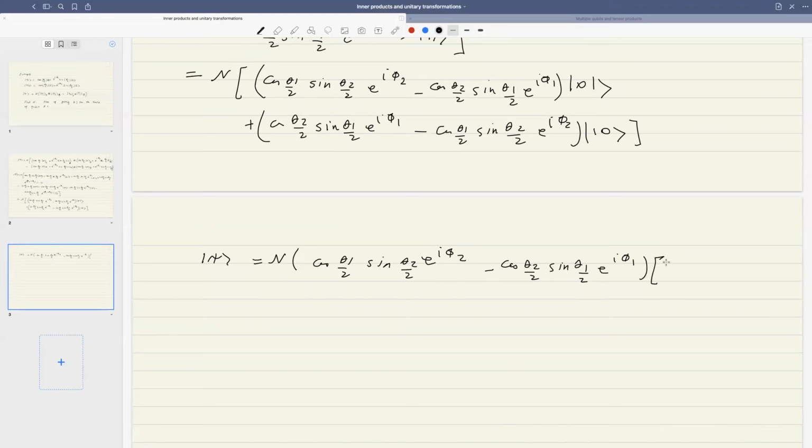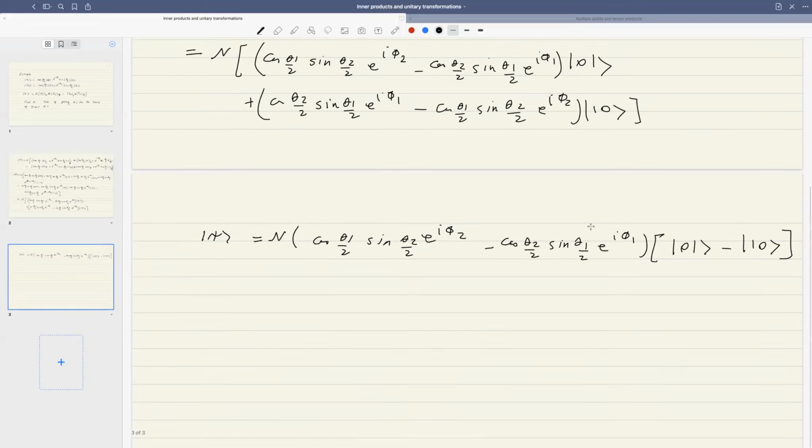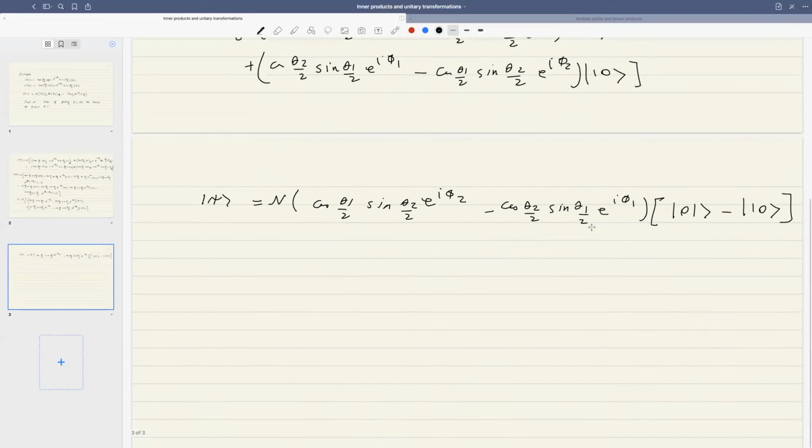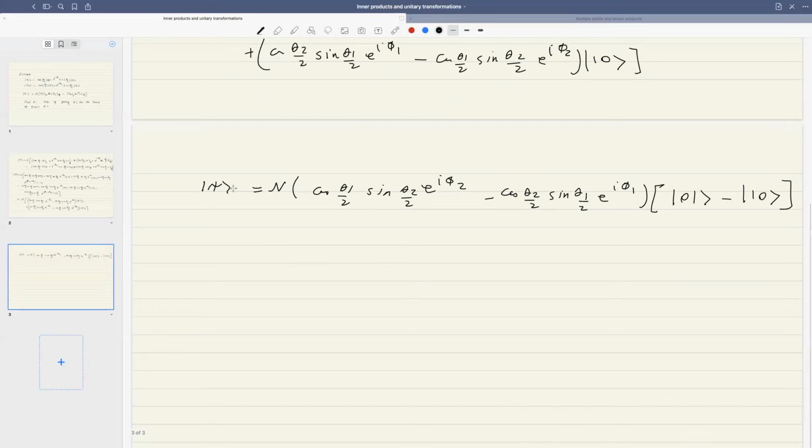And then this multiplies 0, 1 minus 1, 0. So that's my state. Then, the problem doesn't really specify that n has to be real. If n were real, you would just find the absolute value squared of this.